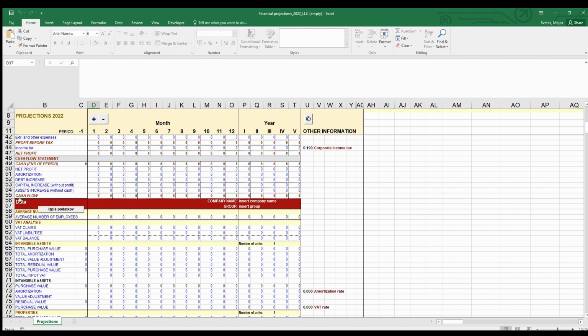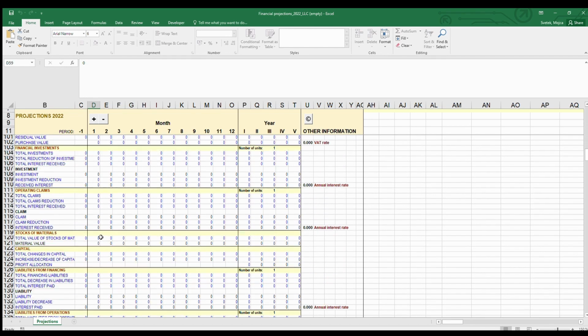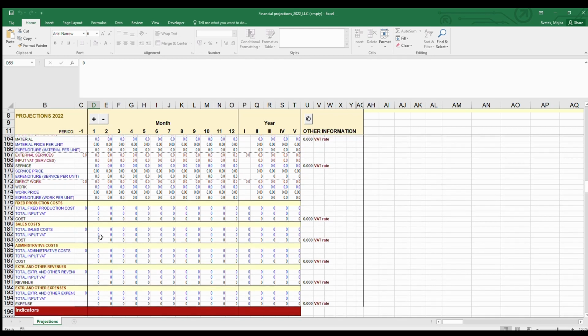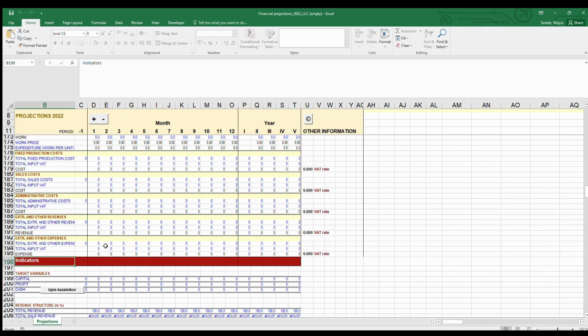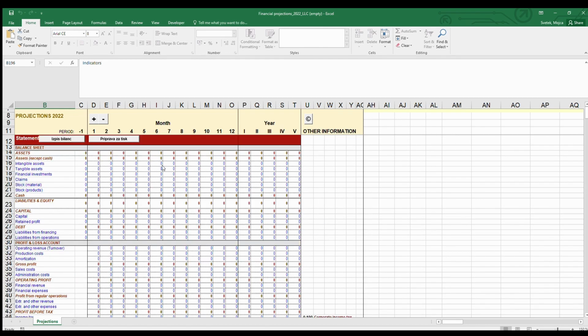Here, whenever you see black cells, we will be able to put in our data, but only in the cells where the font is black. The bottom part of the template consists of key performance indicators, which will generate themselves after we type in the data in the middle section. Let's start with the demonstration.